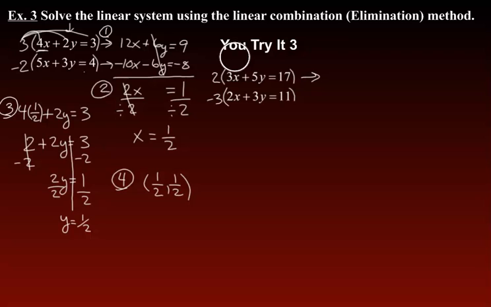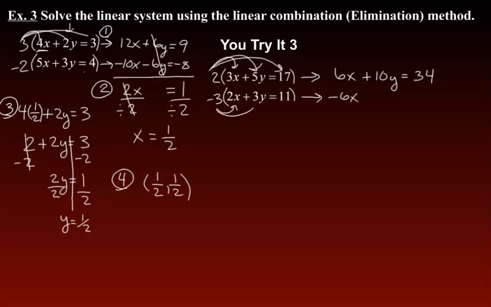So if I multiply 2 times 3x, I get 6x. I take 2 times 5y, I get 10y. And then I take 2 times 17, which is 34. For the second equation, I'm taking negative 3 times 2x, which is negative 6x.